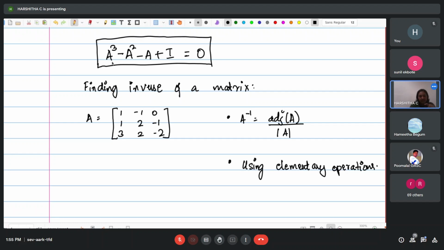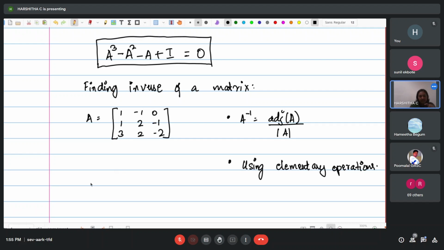So, anybody wants to say something? You just look at the equation that we have. See if we can see what is the inverse. It is A, when multiplied with some other matrix, you have to get the identity. Then A inverse equal to minus A square minus A plus identity.